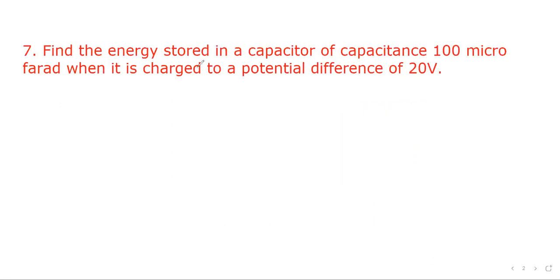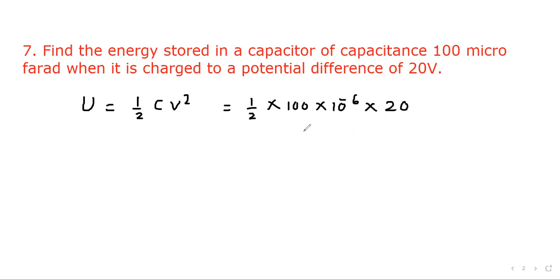Question number 7. Find the energy stored in a capacitor of capacitance 100 microfarad when it is charged to a potential difference of 20 volt. Energy stored in a capacitor is given by half CV square. So here half C is 100 microfarad, 10 to the power minus 6, into voltage 20, which will get squared.